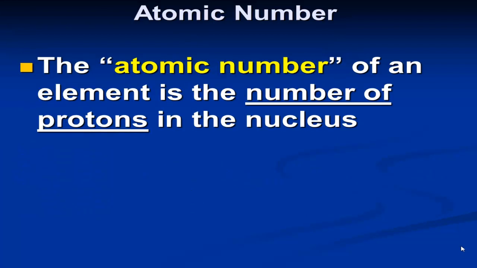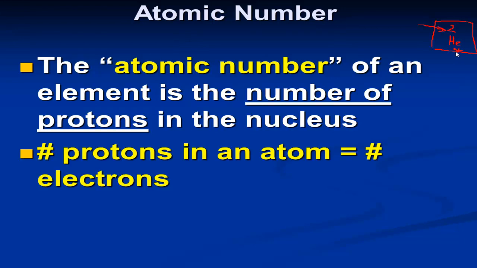The atomic number is found at the top of your periodic table. So for example here, if I have a box on the periodic table, 2, He, and 4, this number on top is the atomic number. And that works for about 90-95% of the periodic tables you find, the atomic numbers on top.